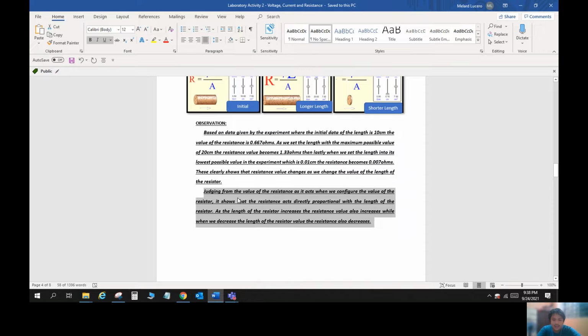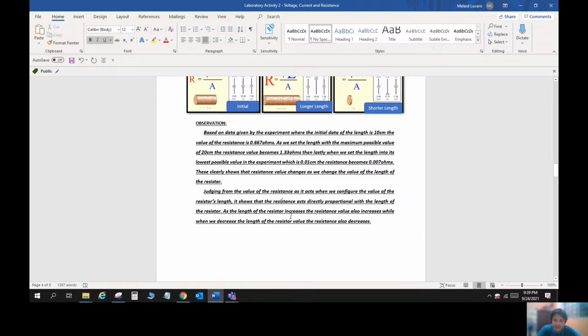Judging from the value of the resistance as it acts when we configure the value of the resistors in terms of length, resistor length, we will just edit this.